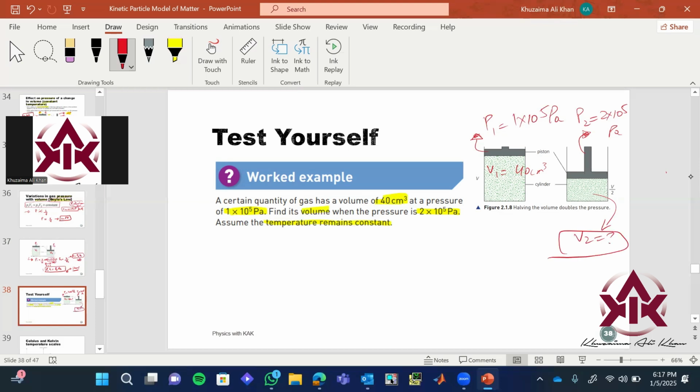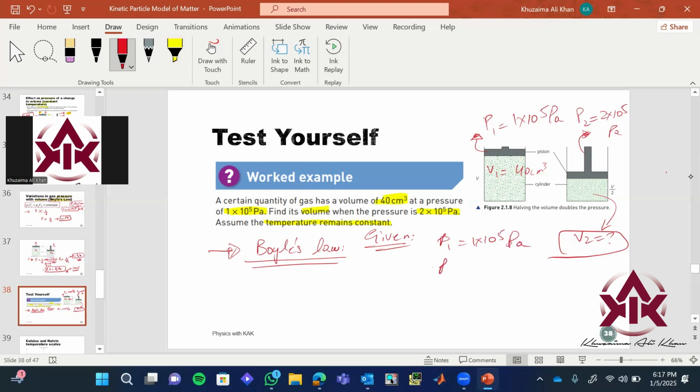You can simply use Boyle's law. What does it say? First of all, if you don't have the diagram, you can write down the data as follows. What is given to you? Given that P1 is 1 exponent 5 pascals. If you recall, this is the atmospheric pressure.